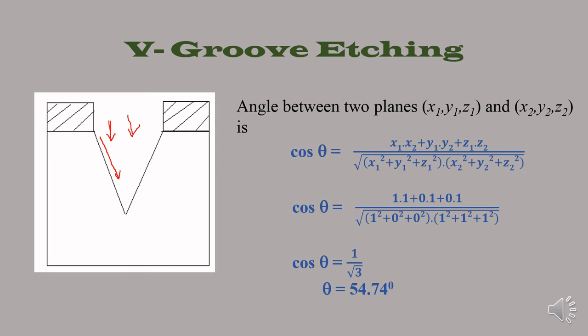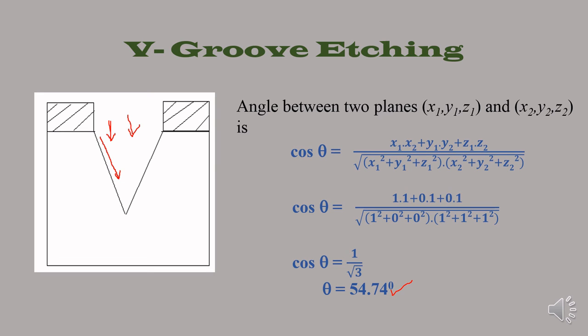And the angle is to be 54.74 degrees, right? So this 111 plane meets the 100 plane at the surface at 54.74 degrees. What does it mean?